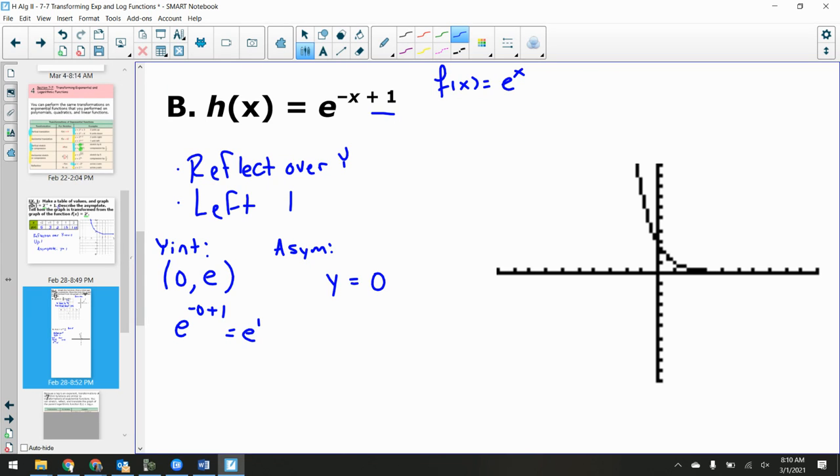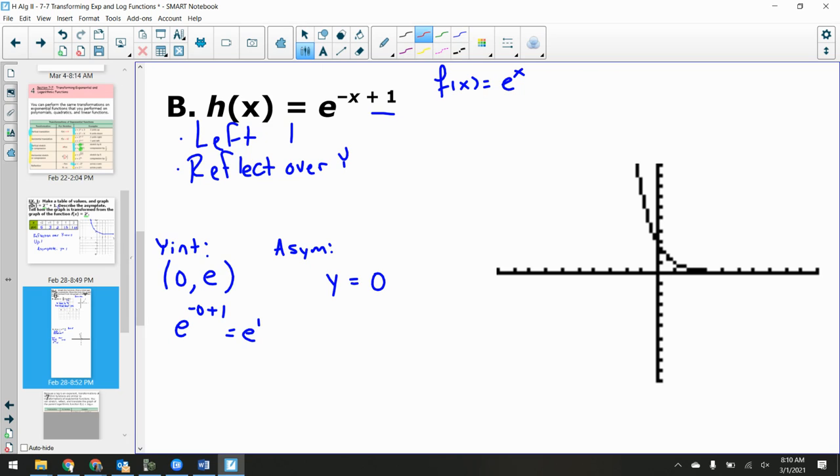Now, what's unique about this one is that I actually should have said left one, then reflect. Because you know what else I could have said?